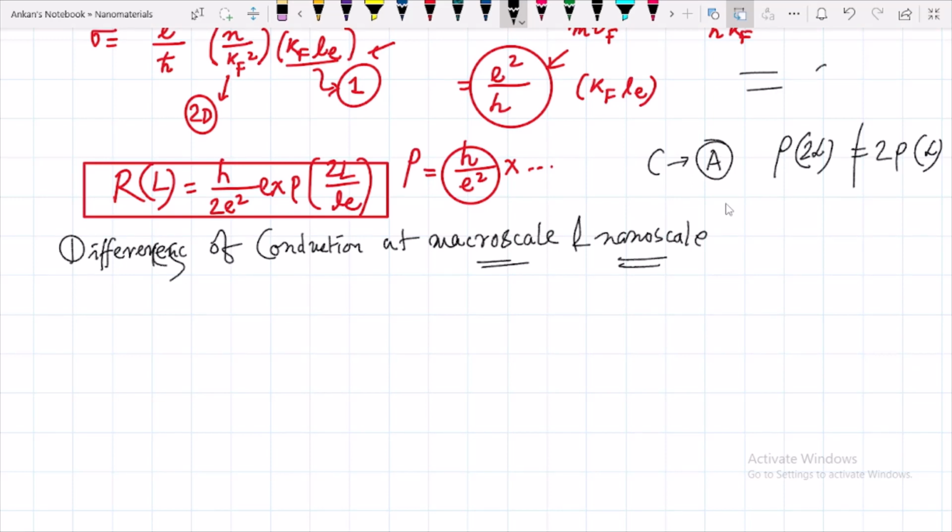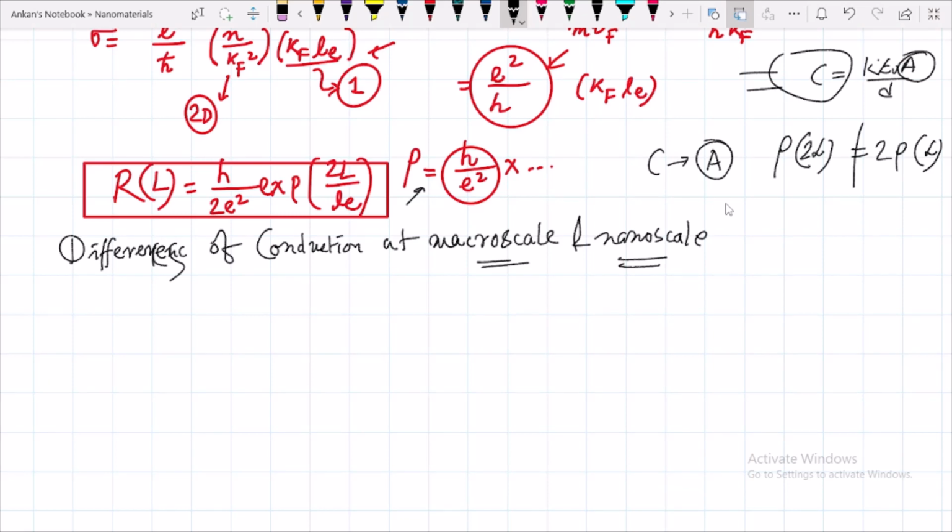For a parallel plate capacitor, you know that C = ε₀A/d. So the capacitance is related to the area, and smaller area will involve smaller capacitance, so the capacitance of the nanostructure material is very small. That is why the electrostatic energy is also small compared to the macroscopic object, and the resistivity is quantized in the nanoscale as seen from the above expression, which is not true for the macroscale object.